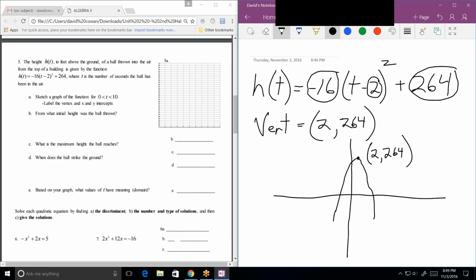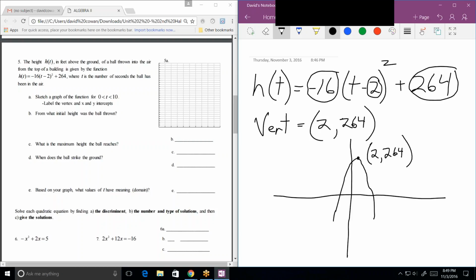Isn't the y-intercept 264? Not in this case. Because remember what the y-intercept is. The y-intercept is where t equals 0. In other words, it's h of 0. So if you plug in 0 for t, what do you get? You don't get 264. If it was in standard format, then it's the constant because both of the other terms disappear.